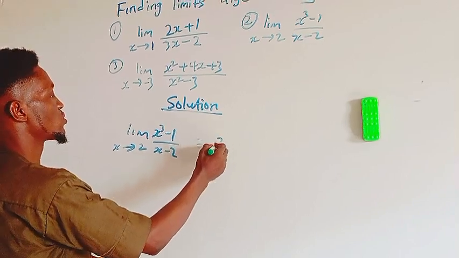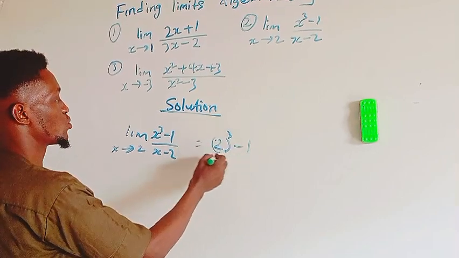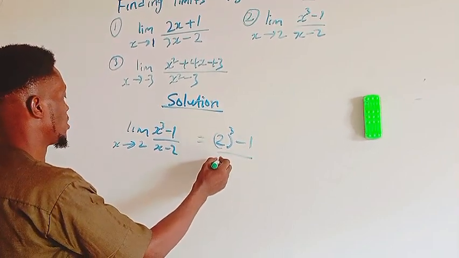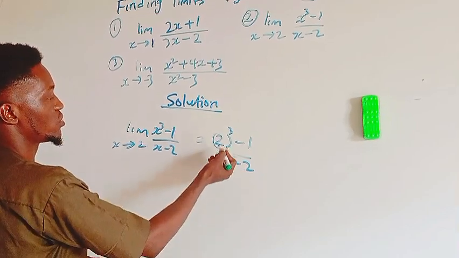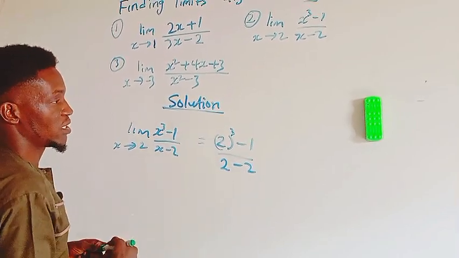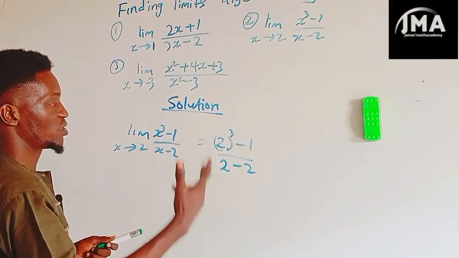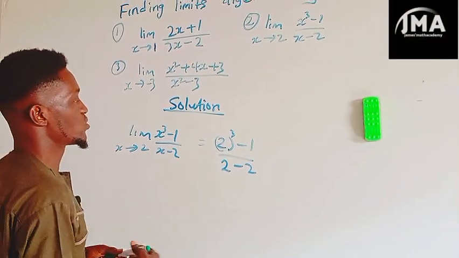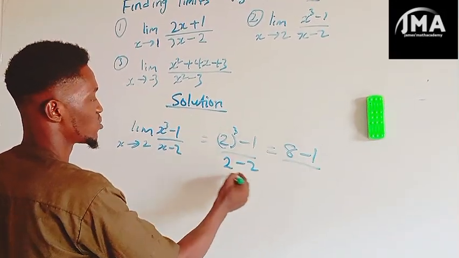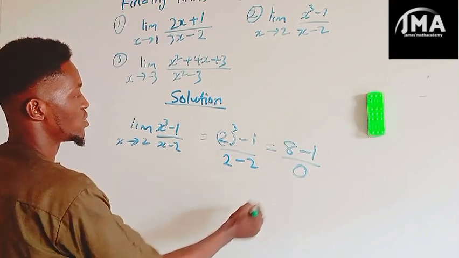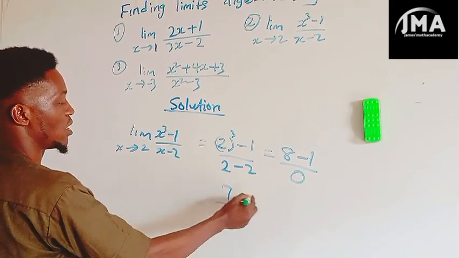It's going to be 2 raised to power 3 minus 1 over 2 minus 2. 2 raised to power 3 means 2 times 2 times 2: 2 times 2 is 4, and 4 times 2 is 8. So you have 8 minus 1 over 2 minus 2. 2 minus 2 is 0, and 8 minus 1 is 7. So 7 over 0.